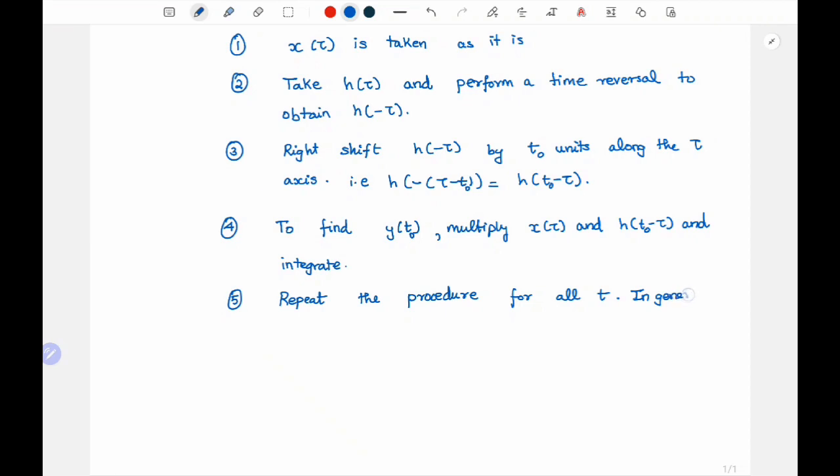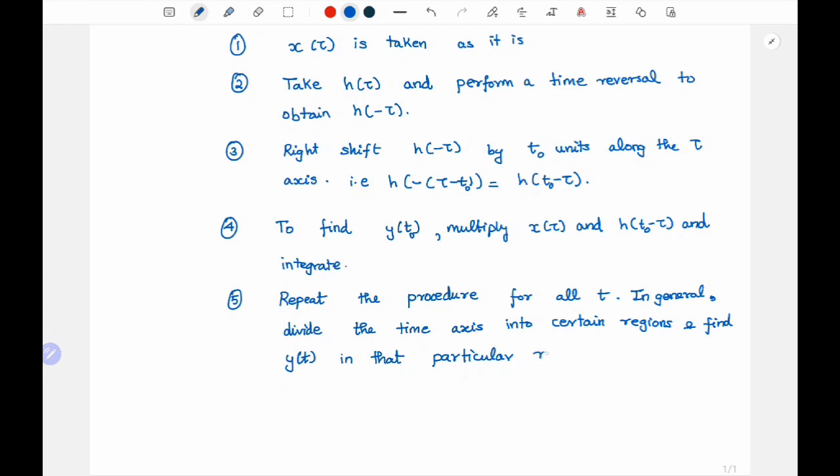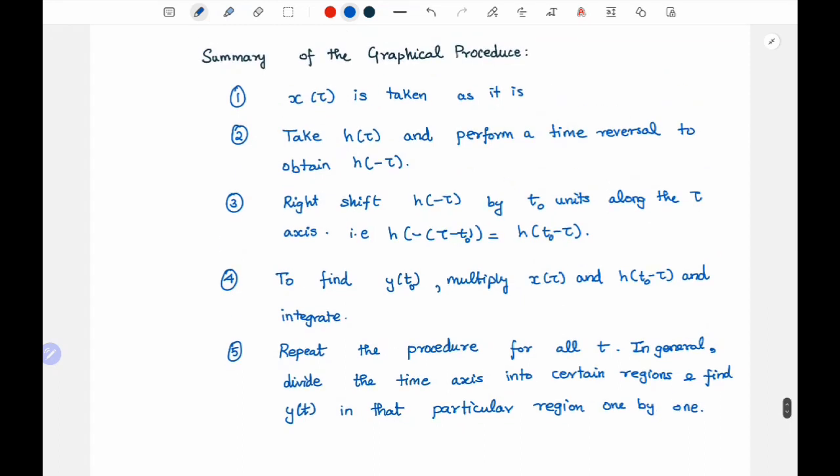So in general, divide the time axis into certain regions and find y of t in that particular region one by one. Okay. So this is the summary of the graphical procedure.